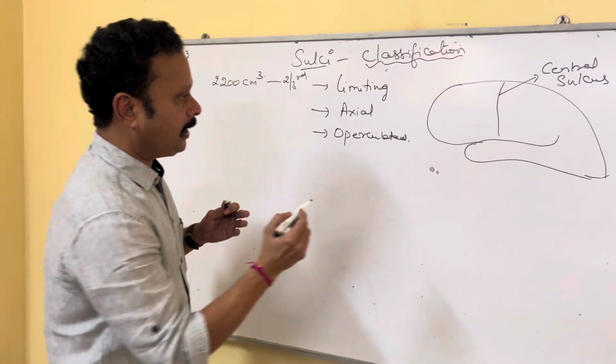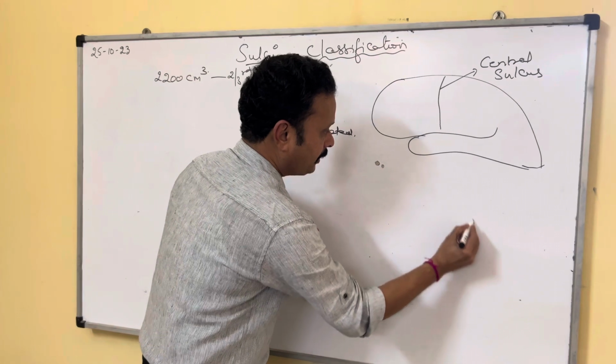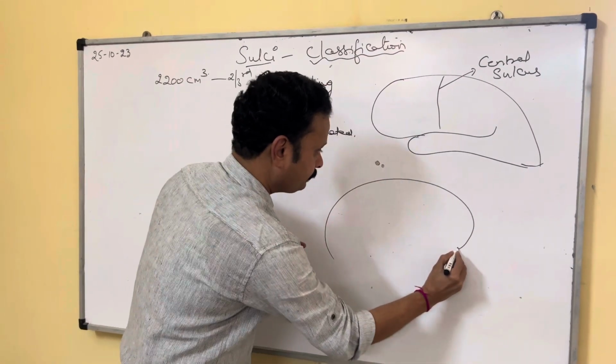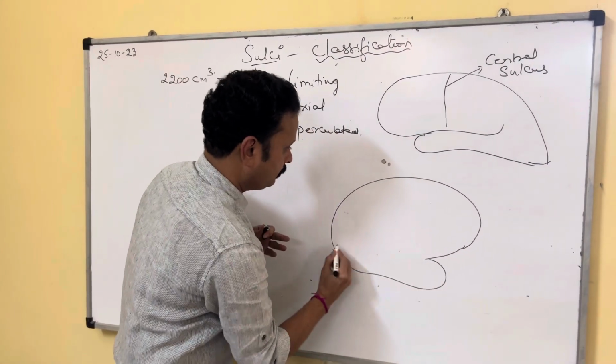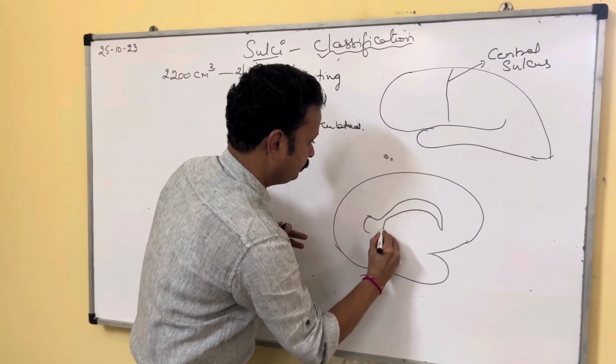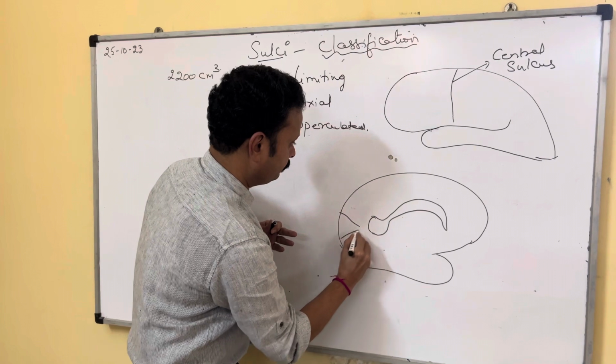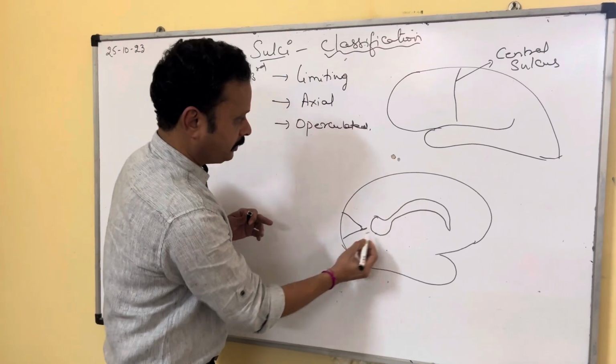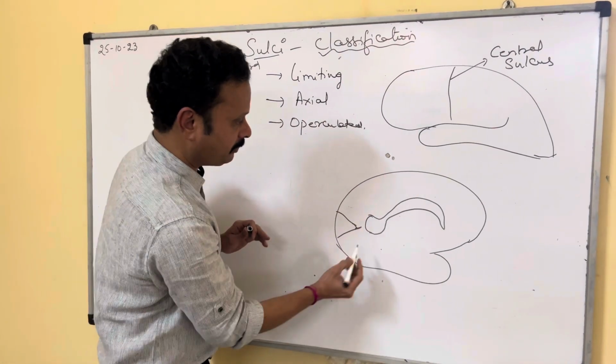Similarly, the anterior part of the calcarine sulcus also is a limiting sulcus. You see here, this is on the medial surface of the left cerebral hemisphere.